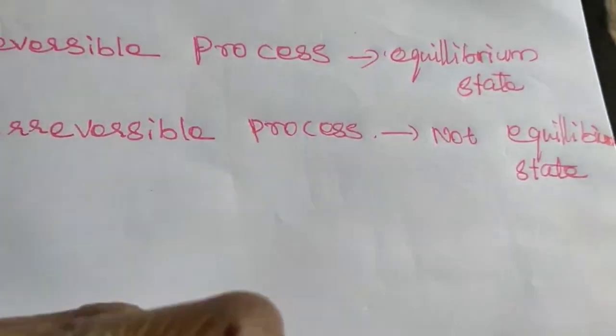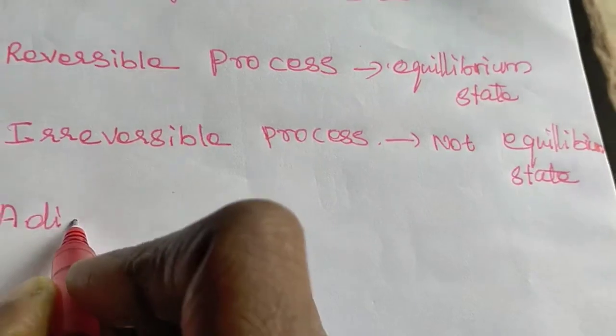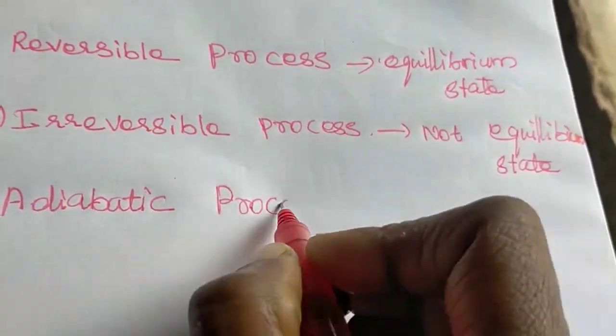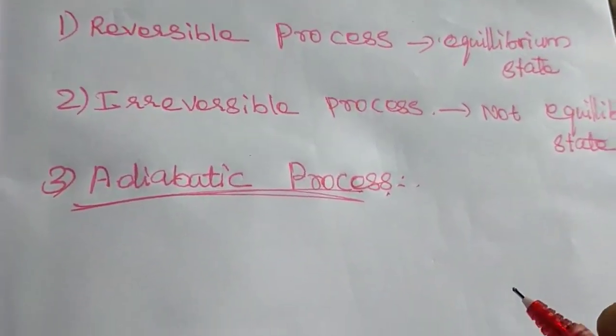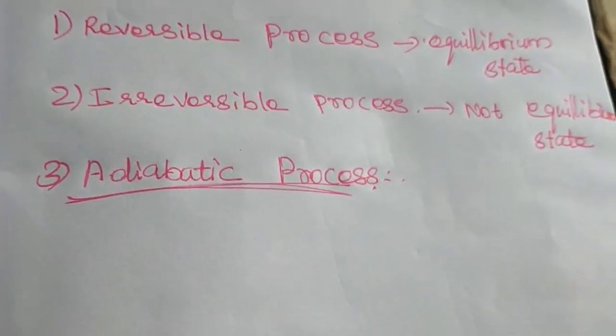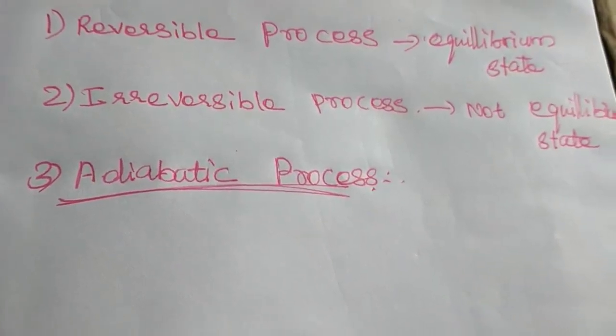The next one, third one, we are going to see the adiabatic process. What's that? Adiabatic process. It is also a thermodynamic process and it is different from the reversible and irreversible process. So what is going on in the adiabatic process?